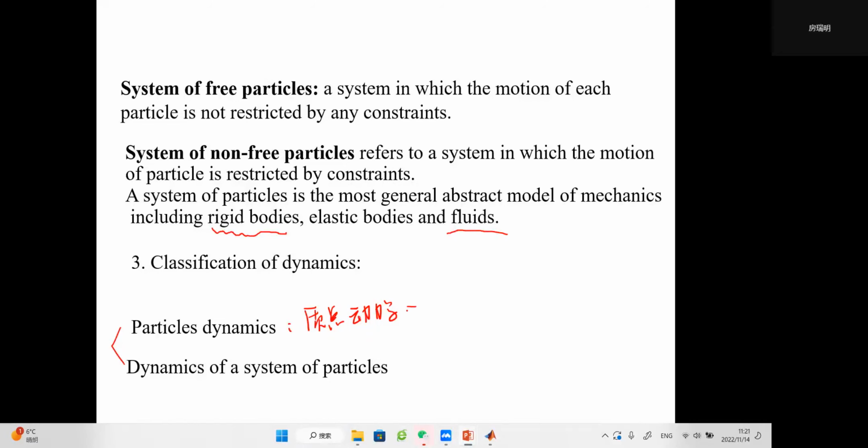Then we'll study a lot of particles, that means 质点系动力学. So this is particle dynamics. Then the dynamics of a system of particles is 质点系动力学. And our rigid body actually is a special case of 质点系, right?